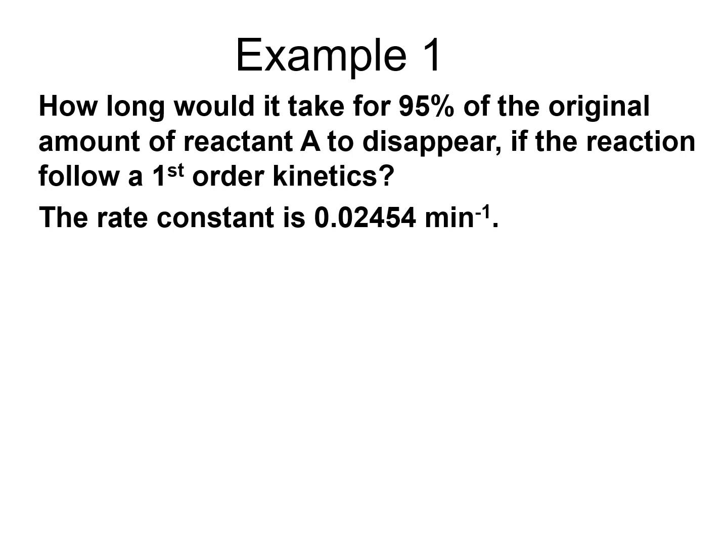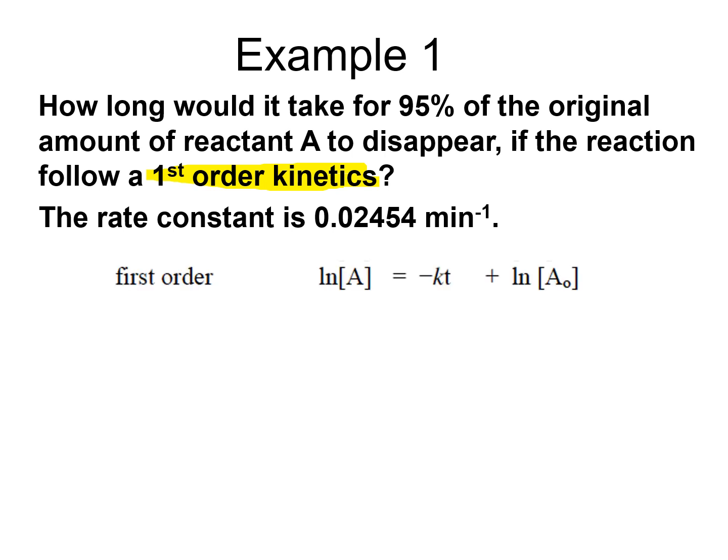So for example, in this case, you have first order kinetics, and they are asking you to calculate how much time it takes for 95% of the original amount to disappear, given the rate constant. So you're going to look into your rate laws and pick the first order.